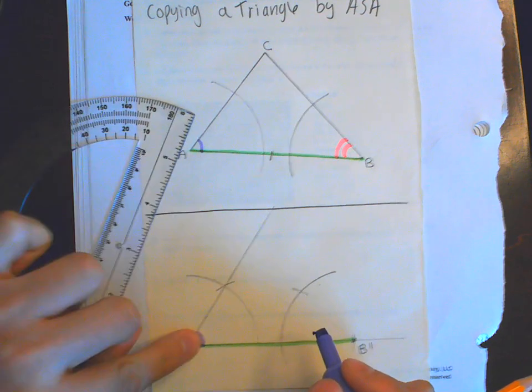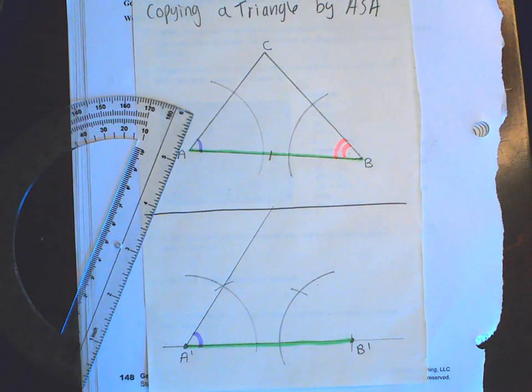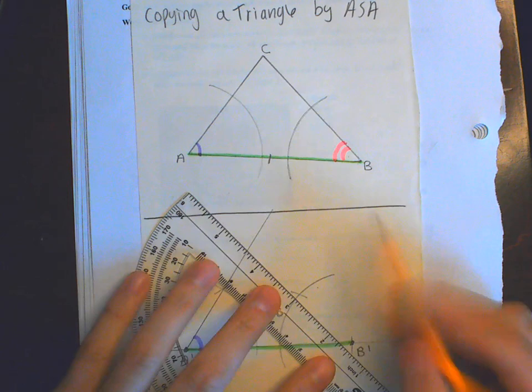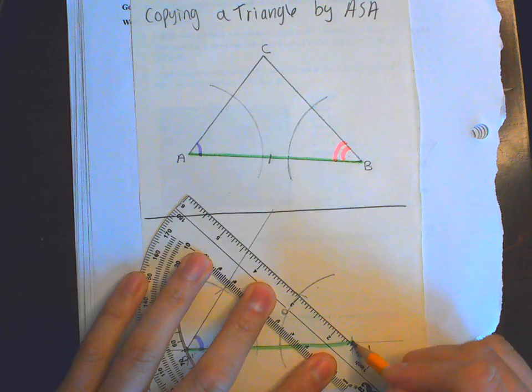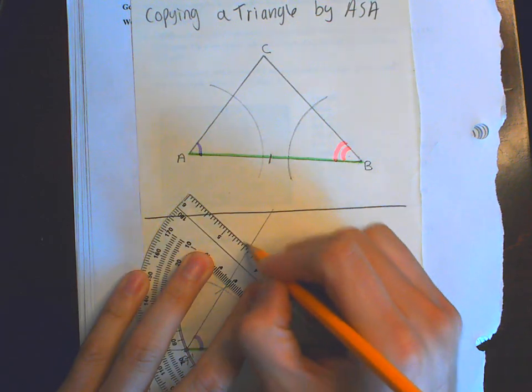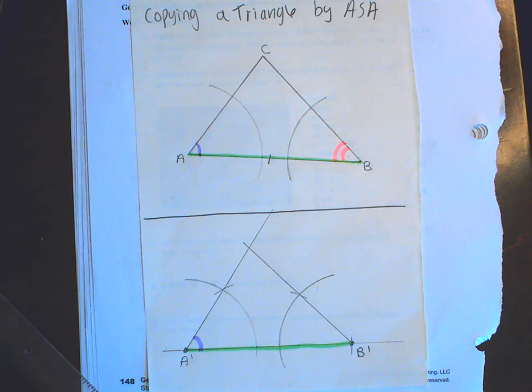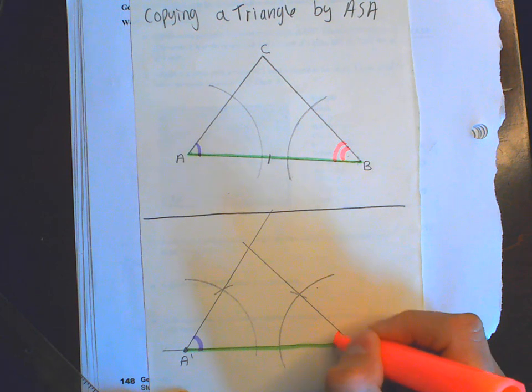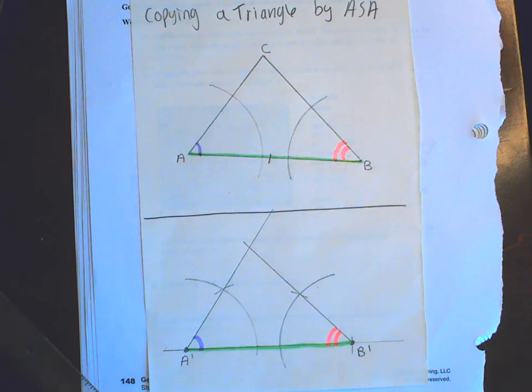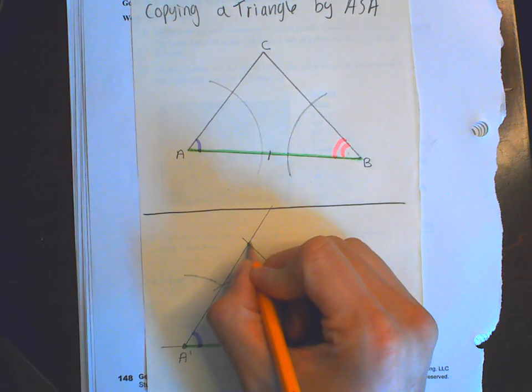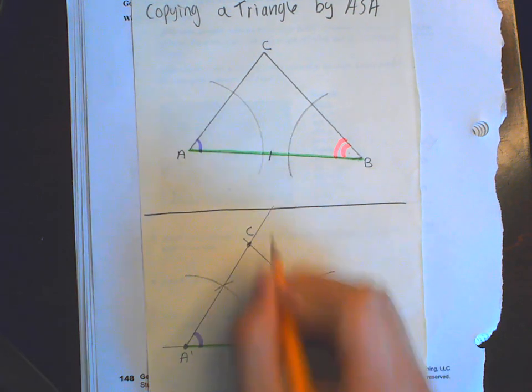Now I'm going to do the same thing for the other one, from B prime to that intersection, and you do it until you hit the other line. So what I just did is copy this angle right here. And of course they're going to intersect at C prime.